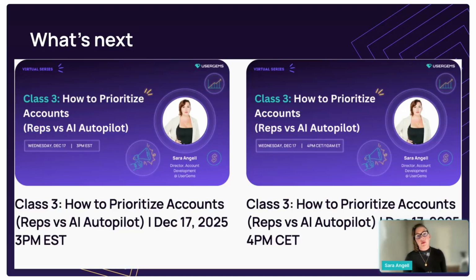Next class, I will be sharing a day in the life again, in case you missed it when we started: a day in the life of our reps who use Gem and use Autopilot and how they work side by side with the AI while it's writing emails for them, selecting their prospects, selecting their accounts. So, how do they work with that in real life?